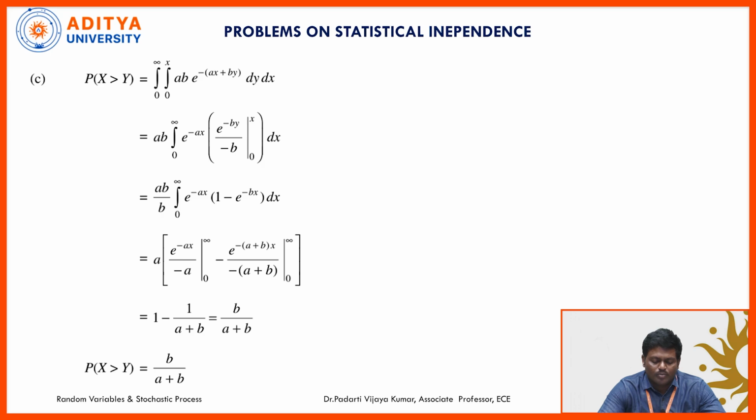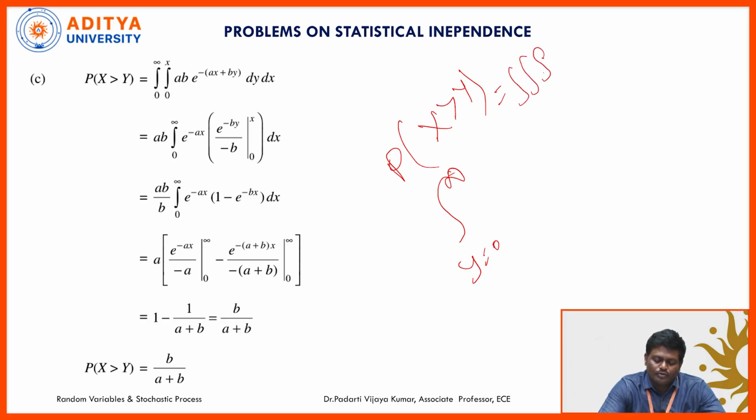Now, we have one problem: we need to compute the probability of x greater than y. So, y limits I will keep as it is, y is equal to 0 to infinity. To compute anything, what we need to do is compute the area over the limits.